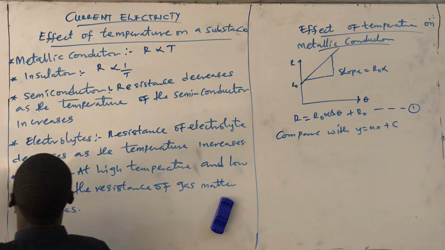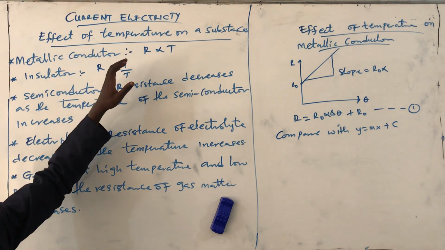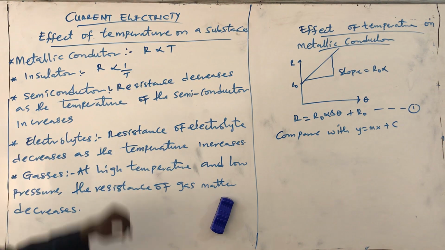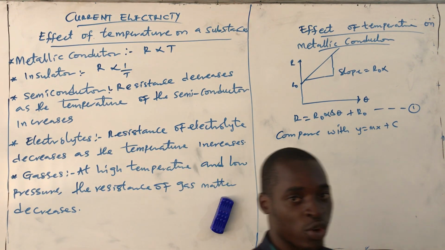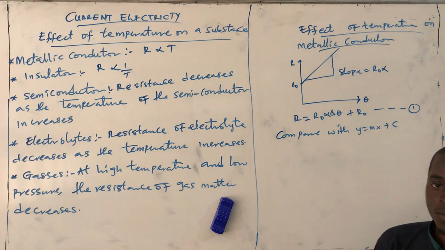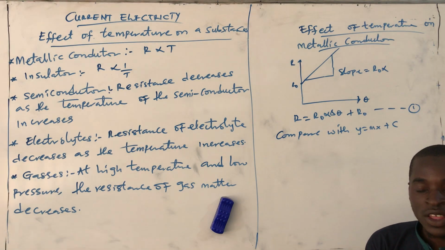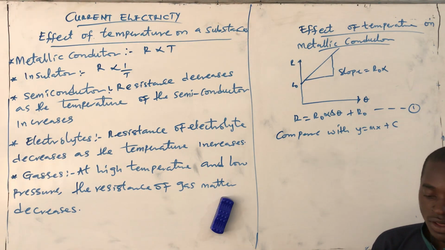Now, for the metallic conductor, we said that the resistance is directly proportional to the temperature. It means that if we increase the resistance of a metallic conductor, then the temperature also will increase. And if we reduce the temperature, the resistance also will reduce.